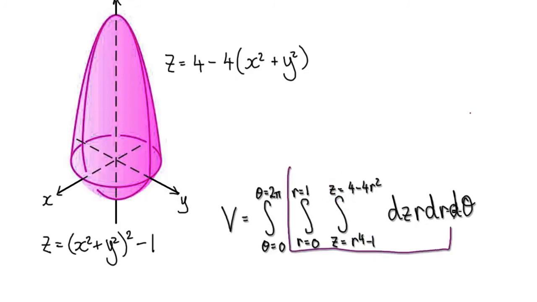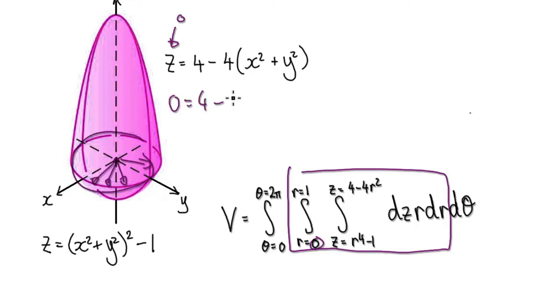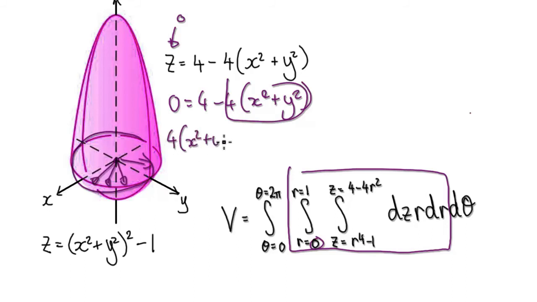we would need to do it from r equals 0. We are integrating from a radius of 0 to a radius of, if you want to know this radius, put 0 into the z. So 0 equals 4 minus 4(x squared plus y squared). Add this to both sides, so 4(x squared plus y squared) equals 4, and that is a radius of 1.